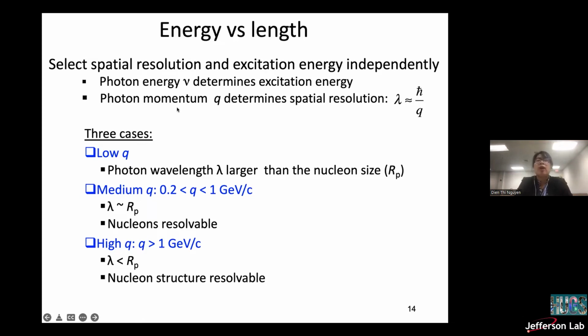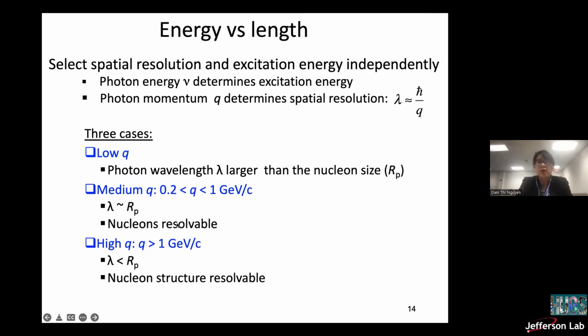So we can divide it into three regions. If we have a low Q value, it means that the photon wavelength is larger than the nucleon size. In this case, we only have the resolution to study the nucleus as a whole object. Now, in the medium value of Q, around 0.2 to 1 GeV, the wavelength of the virtual photon will be almost the same size as the radius of the nucleon.